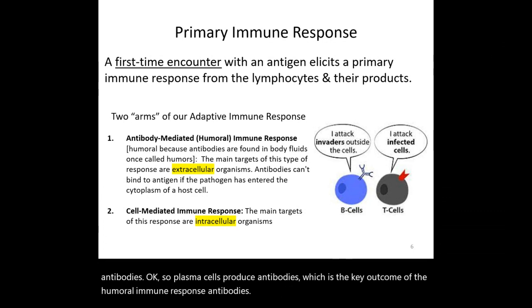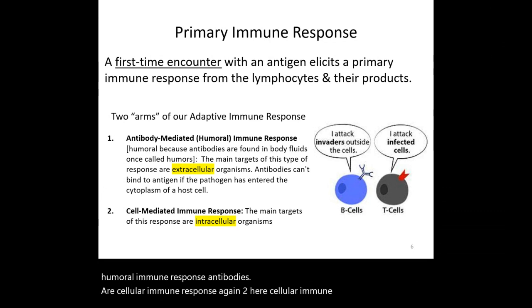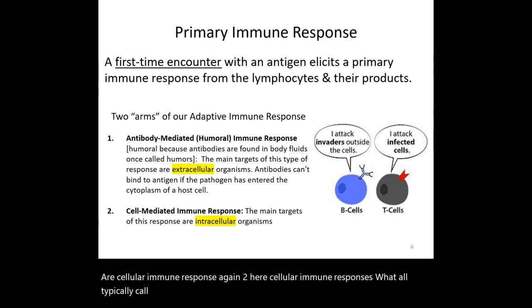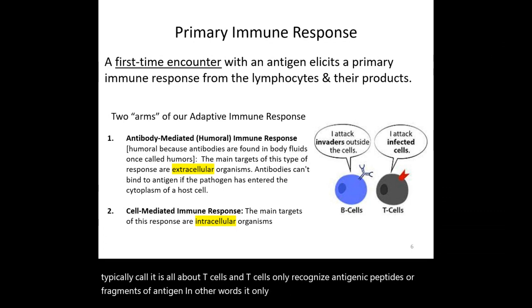Our cellular immune response, number two here, is all about T cells. T cells only recognize antigenic peptides or fragments of antigen. In other words, they only recognize what the B cells present.